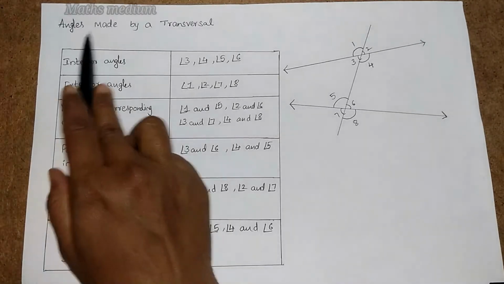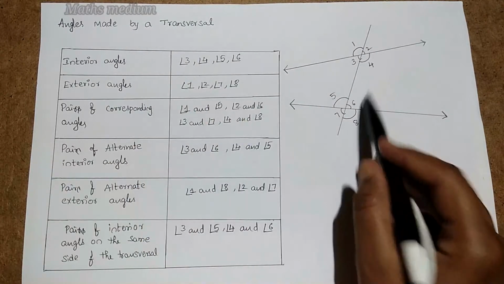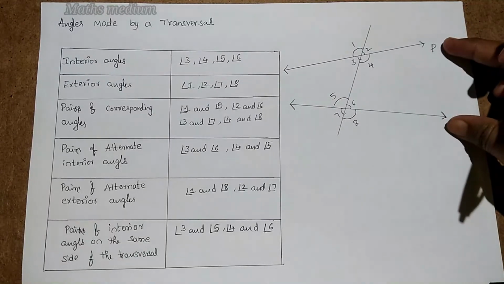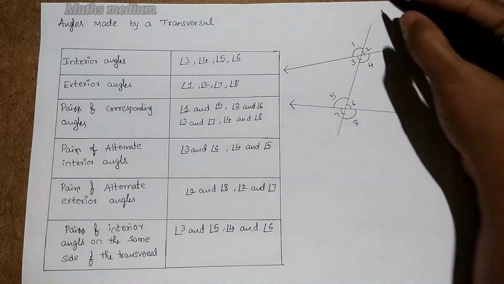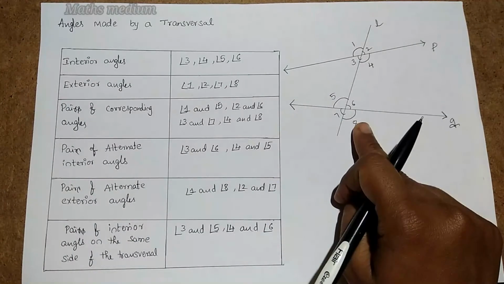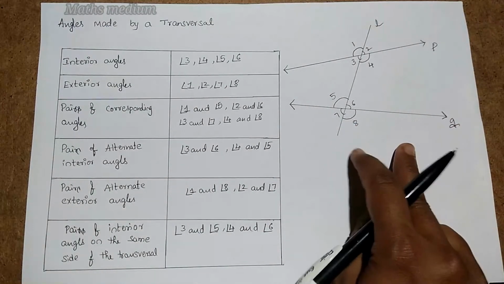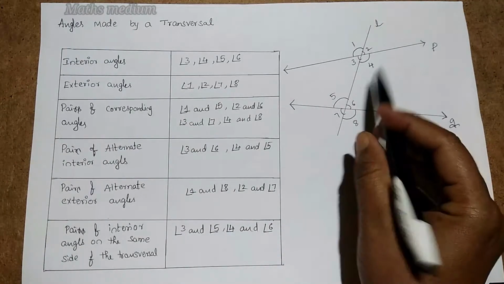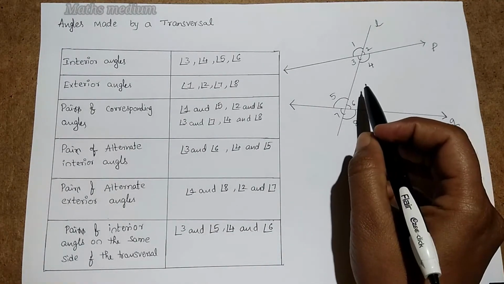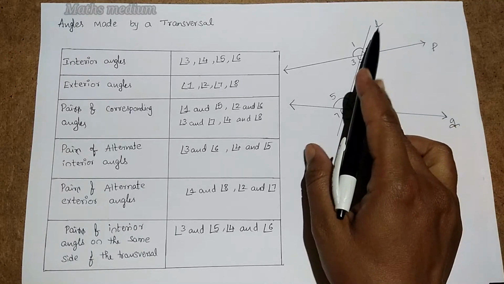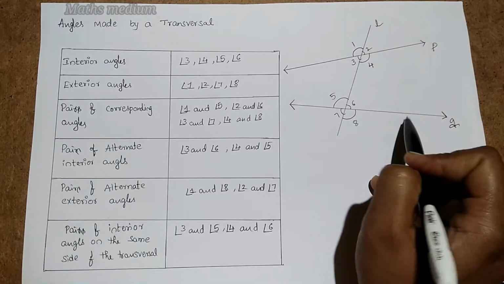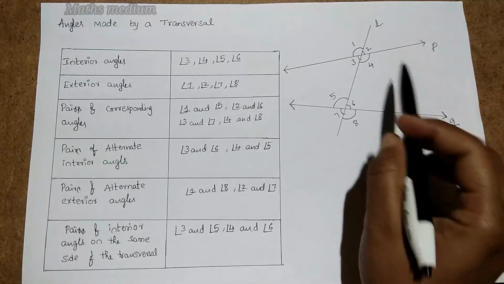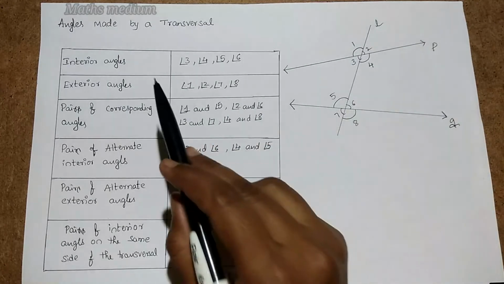See here, let it be P and this is the Q line. These two are lines PQ and this is the line L. L is the transversal of PQ lines, right? According to our definition, a transversal is nothing but a line intersecting two lines at distinct points. So L is the transversal to PQ. That transversal making angles with those two lines gives the angles made by a transversal.